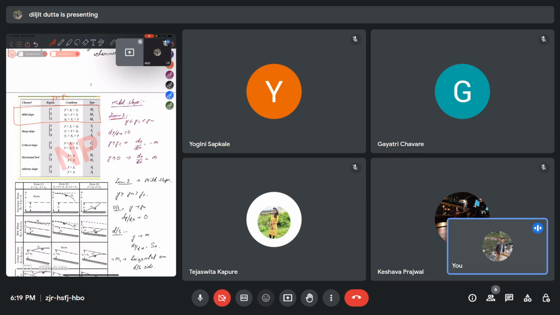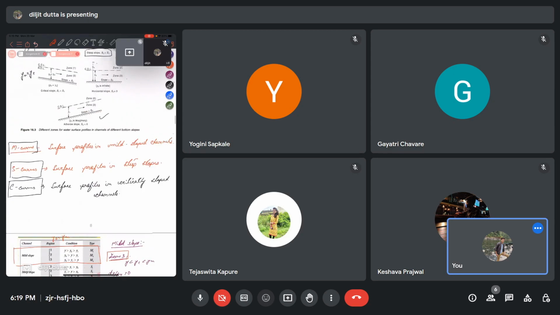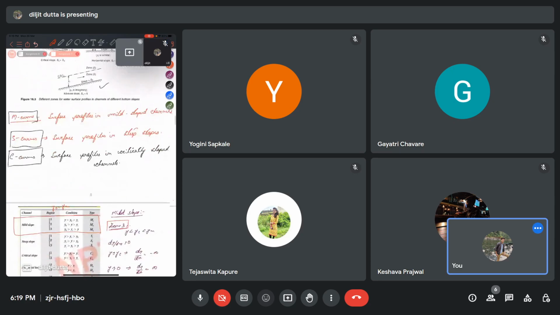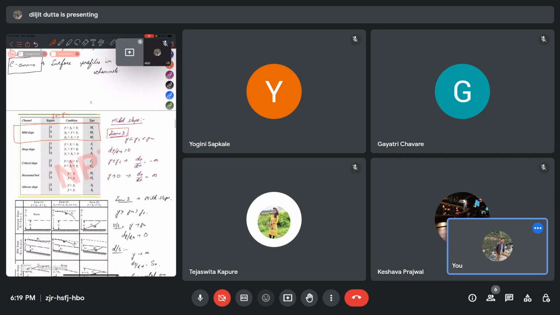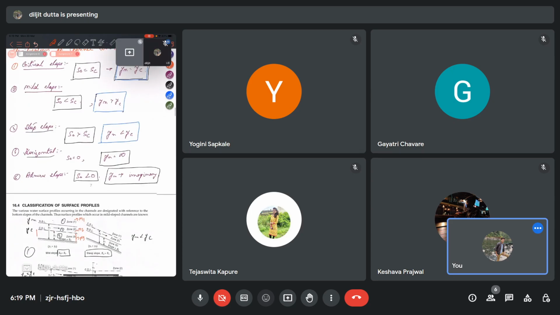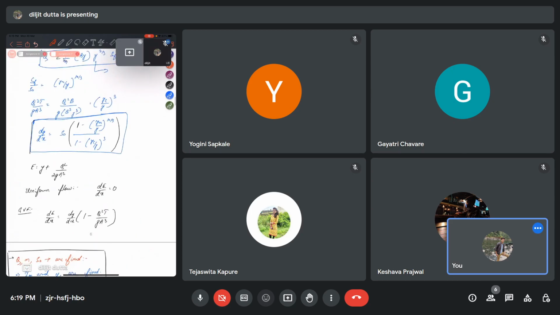If we consider the flow in zone 3, that is when y is less than both yc and yn, so y is less than yc and less than yn, then dy by dx will be greater than 0. Why? We'll get to know from this formula.